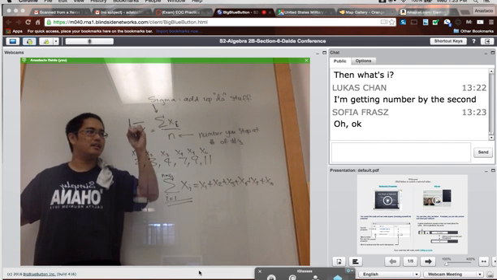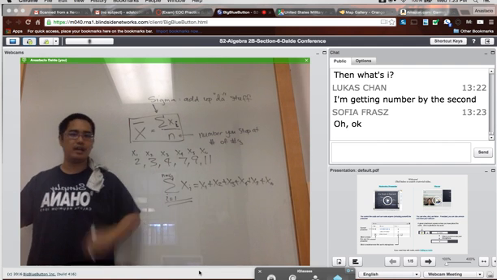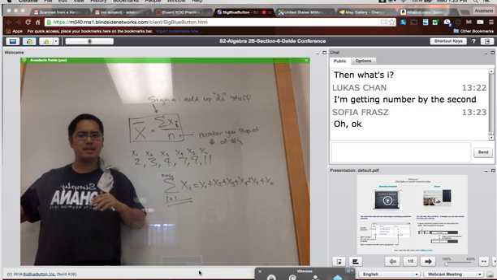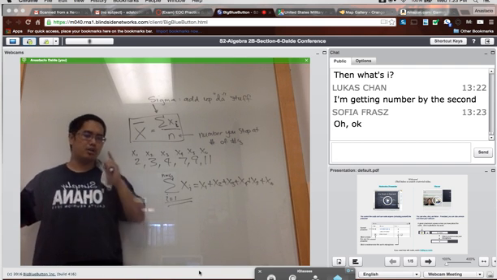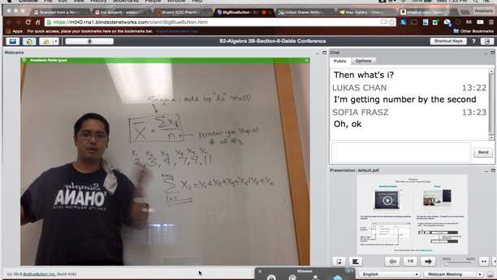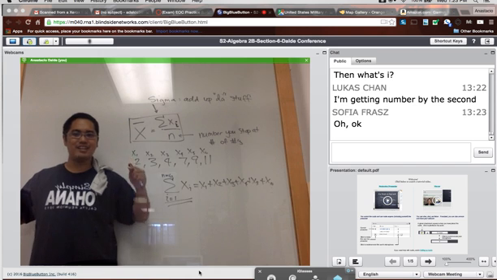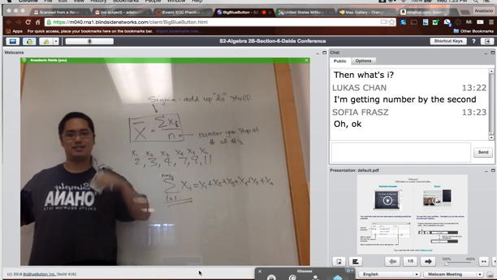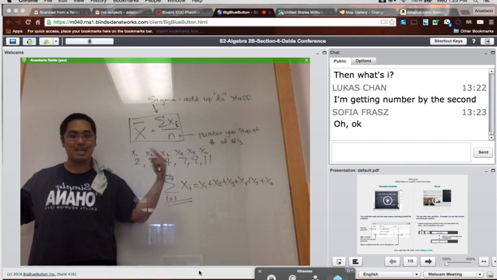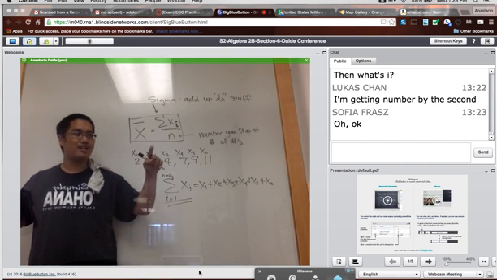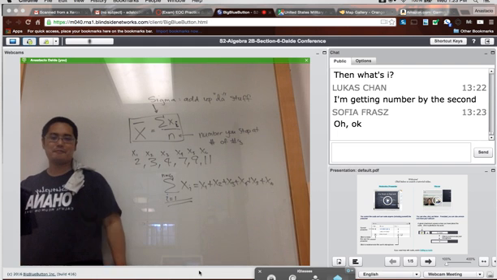This is the shorthand way of writing that entire sentence. When I asked you, how do you find the mean? You told me, okay, you take all the numbers and you add them all up, and then you divide by the number of entries that you had. Instead of writing that sentence down or even typing that sentence down, I would rather write this, because mathematicians are incredibly lazy, and this is our lazy way of writing that down.